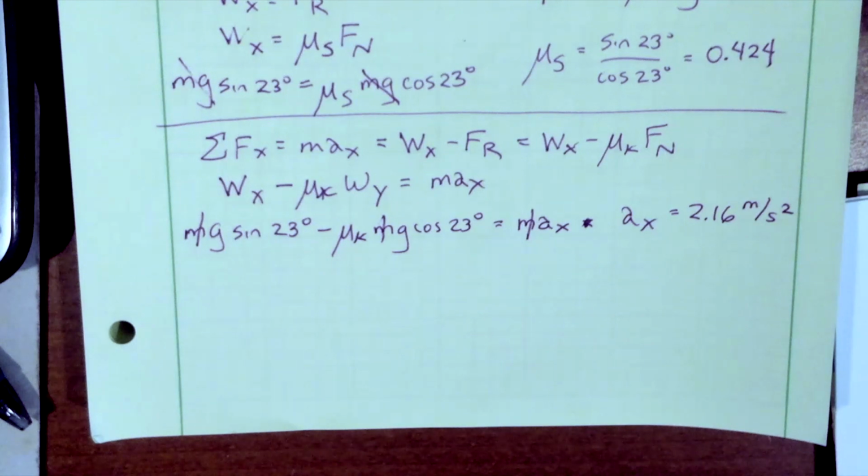Now notice that is a smaller acceleration, a much smaller acceleration than we had in the previous problem without friction. Without friction, the acceleration was 3.83 meters per second squared, but now with some friction, it's 2.16.